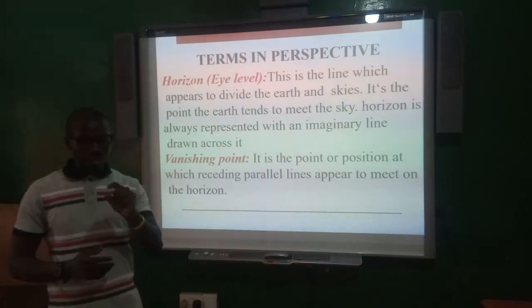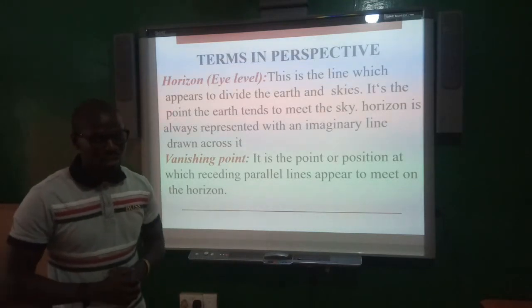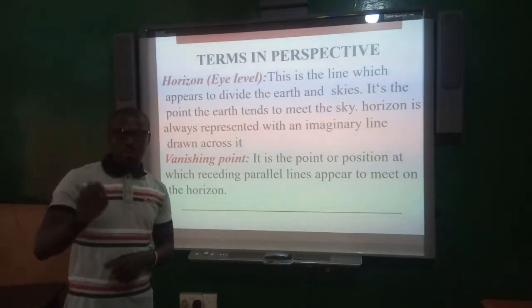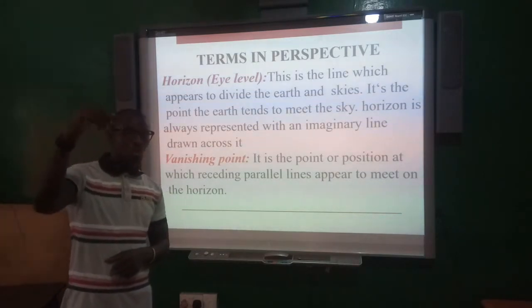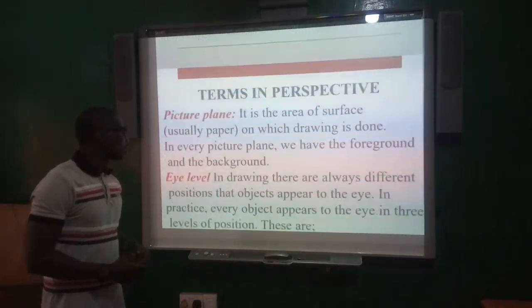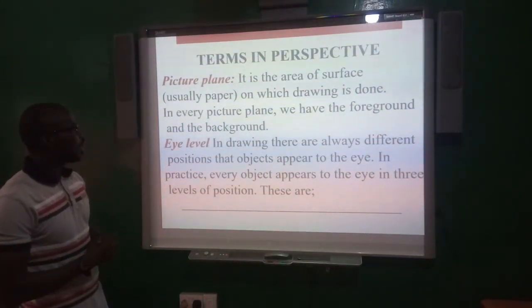We also said that the vanishing point is the point at which perspective disappears or diminishes. So when you are looking at a perspective picture, when you get to the vanishing point, you wouldn't see anything beyond that.